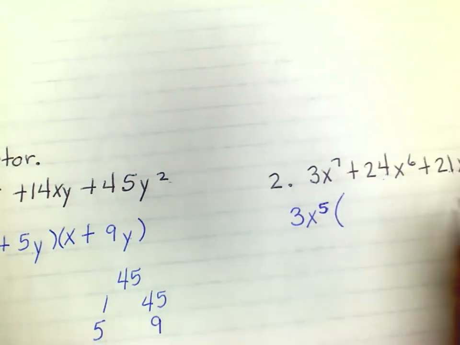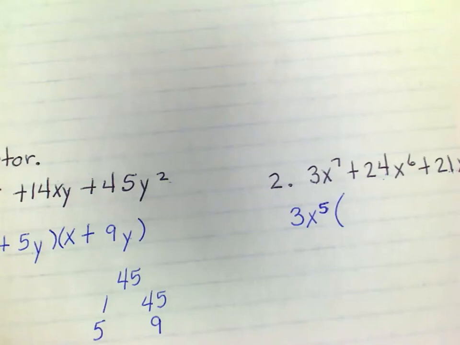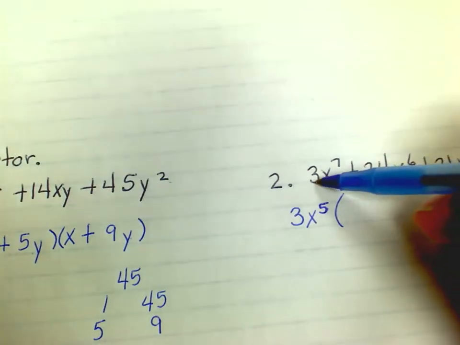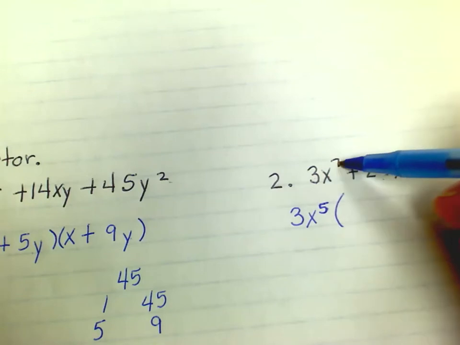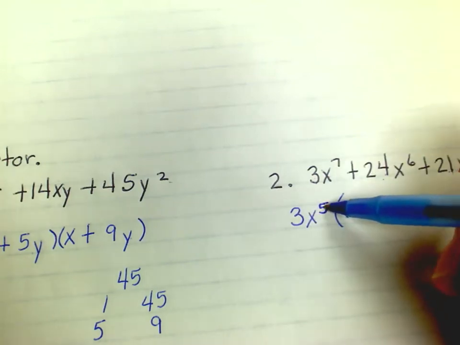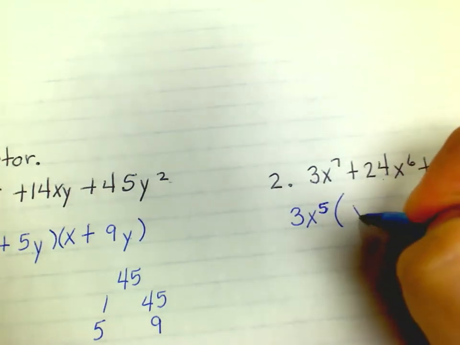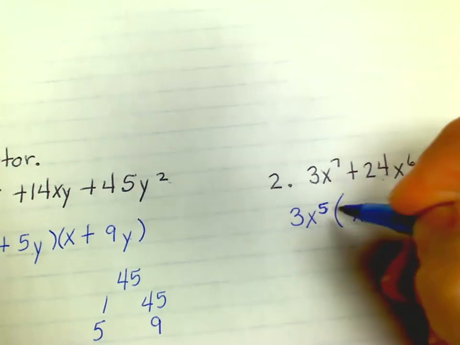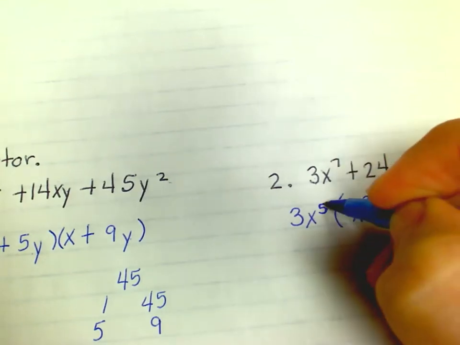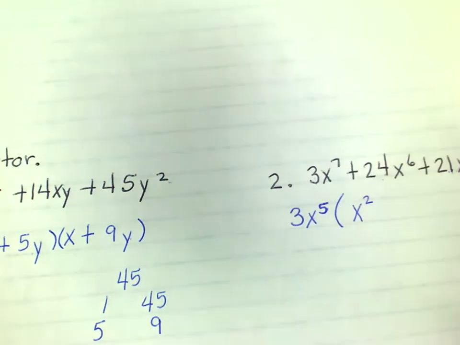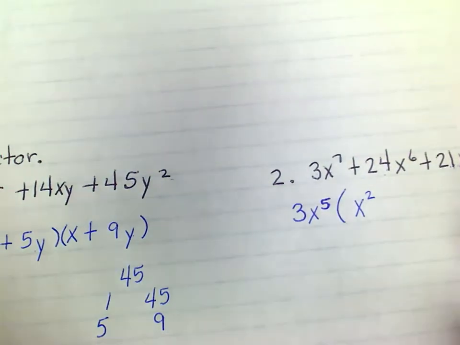We can now factor out this trinomial a little bit more, make it a bit nicer. So we say 3x to the 7th divided by 3x to the 5th. The 3's cancel out, leaving an x to the 2nd power, because we just used the quotient property to subtract the exponents when we divided.